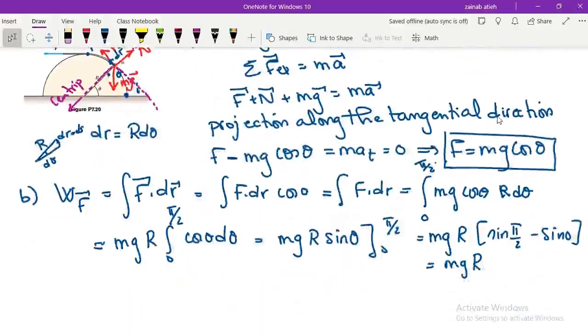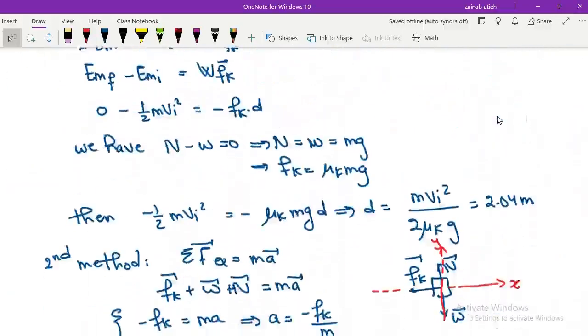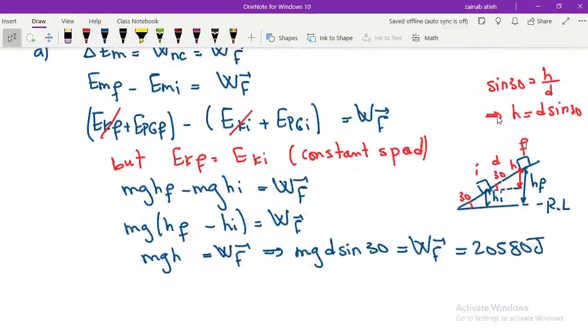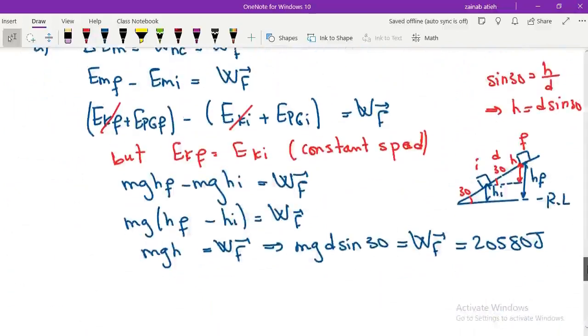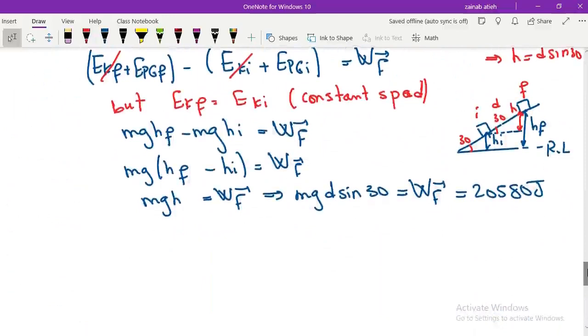To find the power, back to our problem. Okay, we were here. To find the power, we have to define the work over time. So let's find the time.